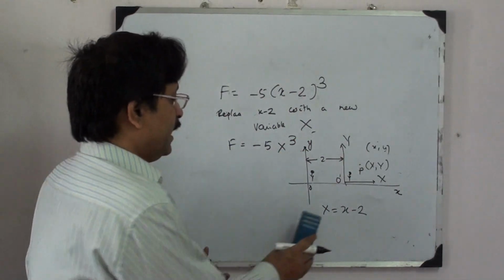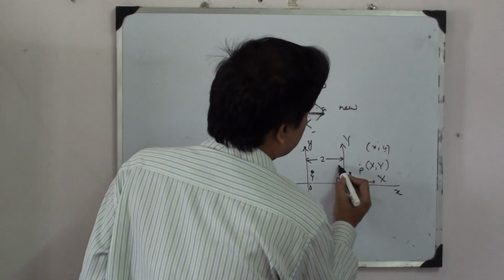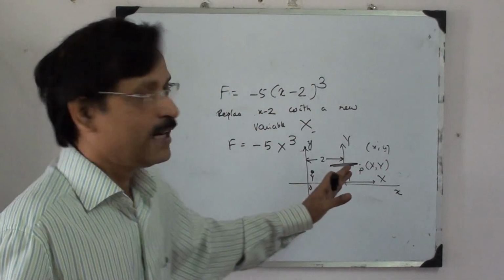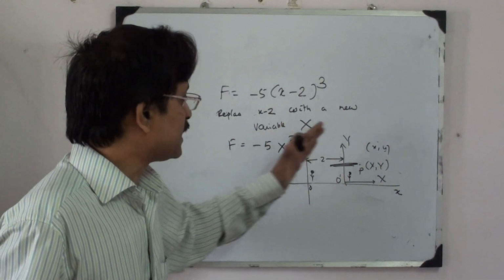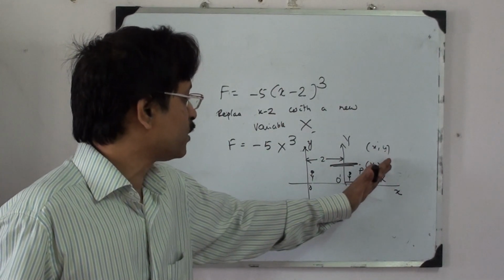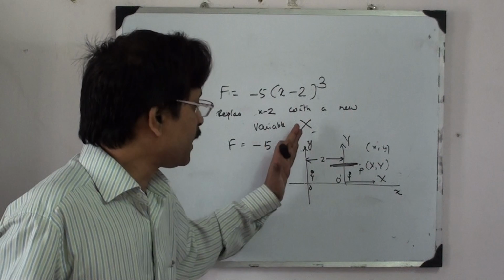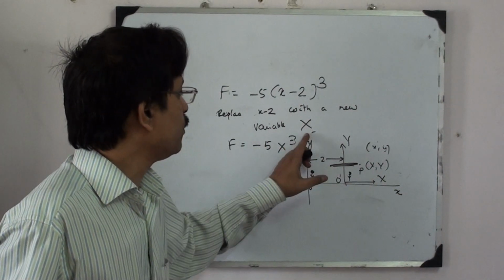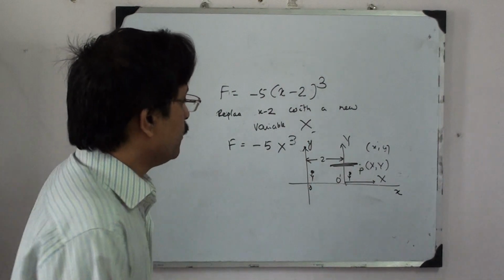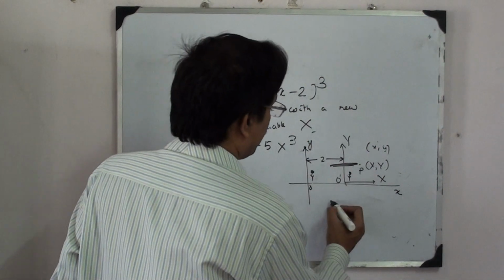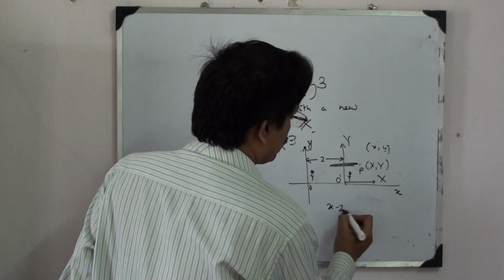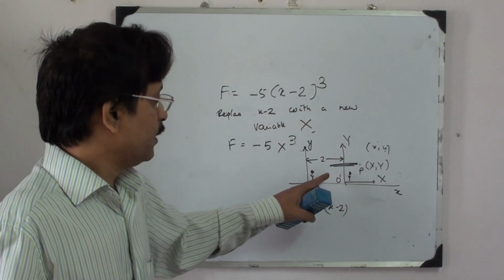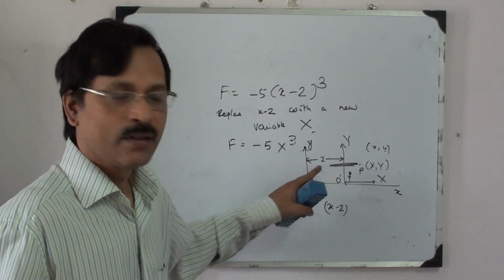It means if a body is executing simple harmonic motion back and forth in the x-axis, then the description of that oscillatory motion from the reference frame of small x, O, y will be in terms of x minus 2 in this reference frame.